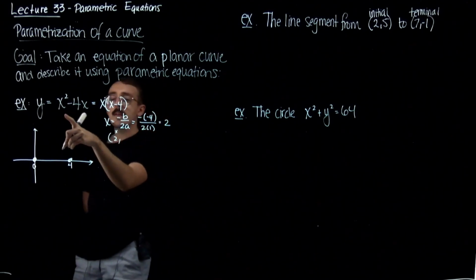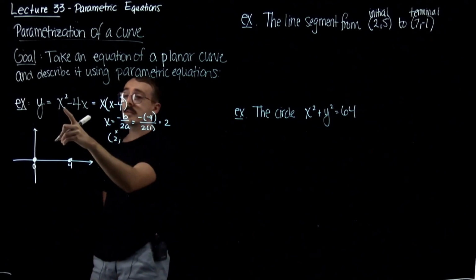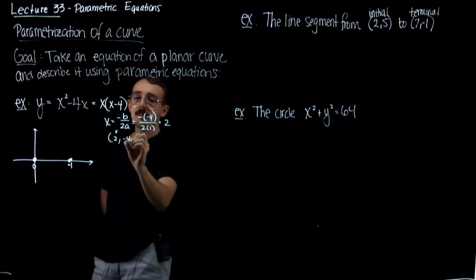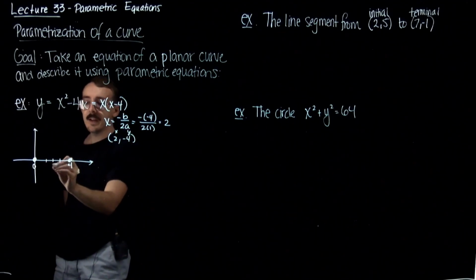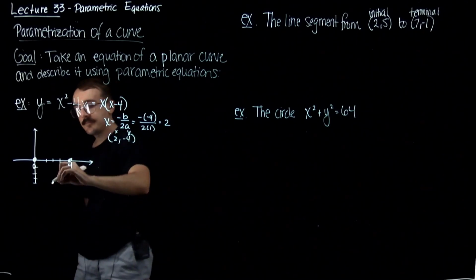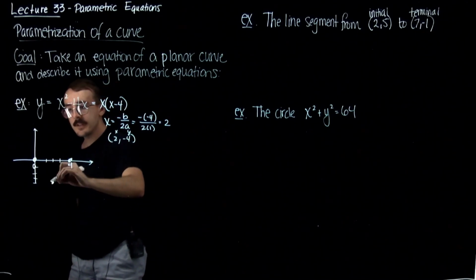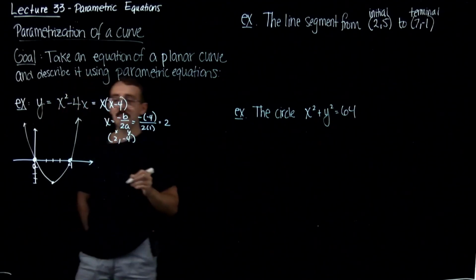And then the y coordinate, I would get that by doing 4 minus 8, which would be negative 4. So it would be somewhere 1, 2, 3, and then 1, 2, 3, 4. So here's the vertex. So this equation is a parabola. It looks something like this.